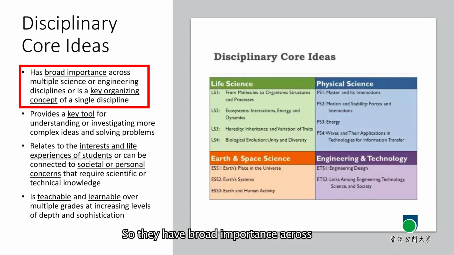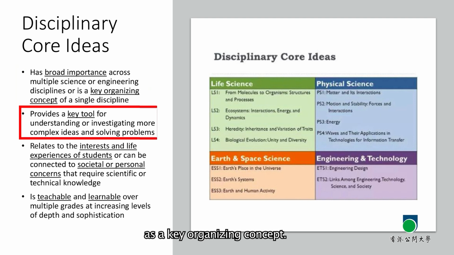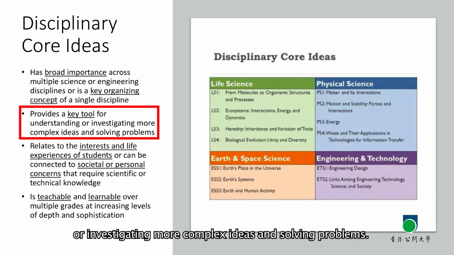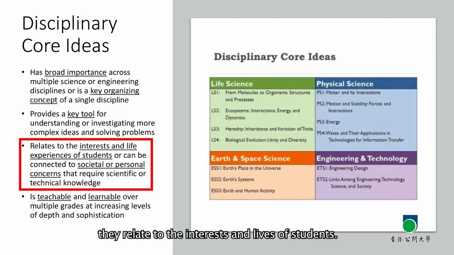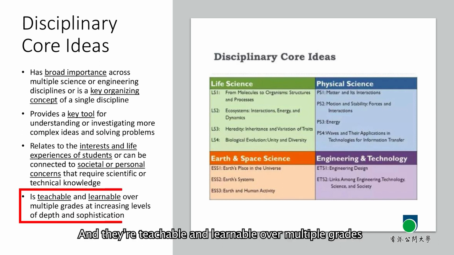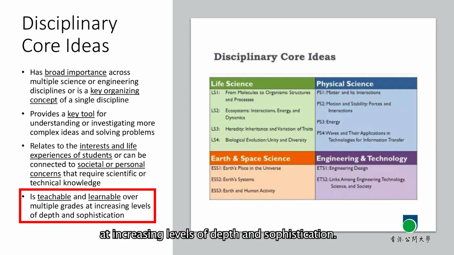So they have broad importance across multiple science and engineering disciplines. As a key organizing concept, they provide a key tool for understanding and investigating more complex ideas and solving problems. This is important: they relate to the interests and lives of students and can be connected to societal or personal concerns that require technical knowledge, and they're teachable and learnable over multiple grades at increasing levels of depth and sophistication.